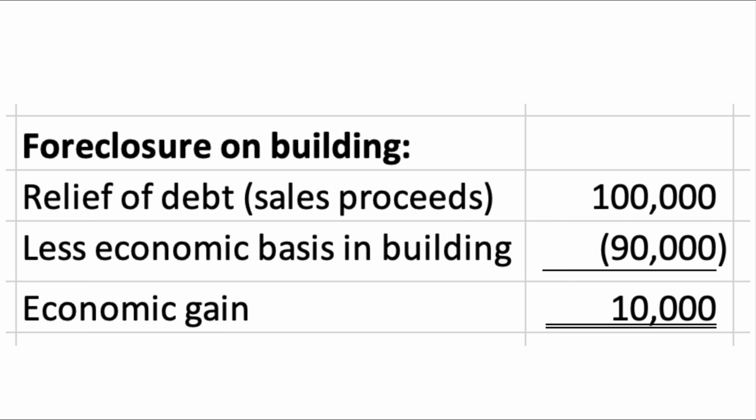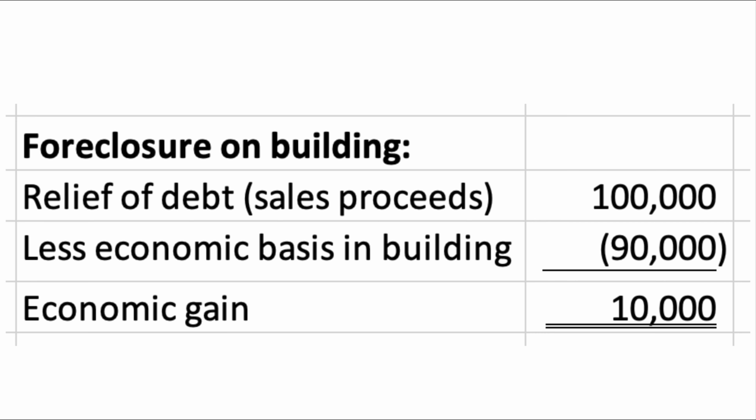For example, suppose I own a building that was purchased with a $100,000 non-recourse debt, and the economic basis of the building, as shown on the 704B balance sheet, is $90,000.